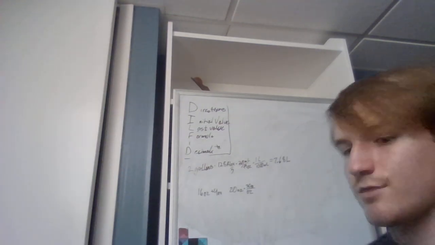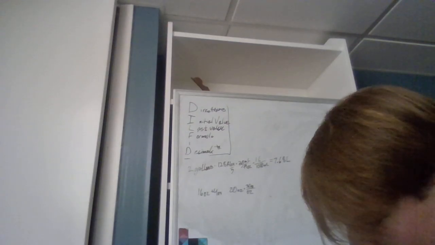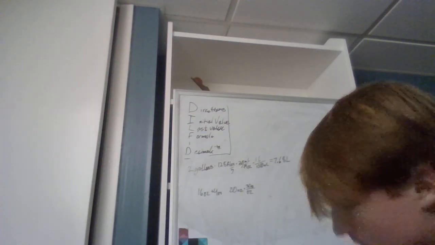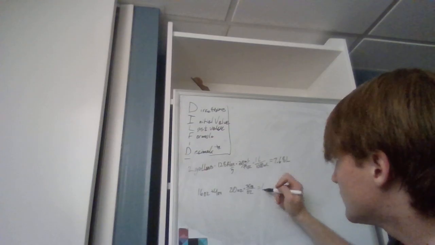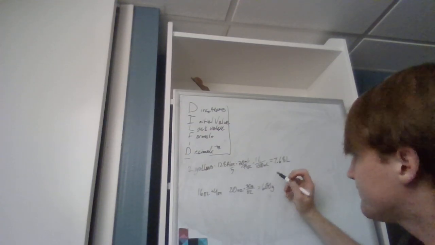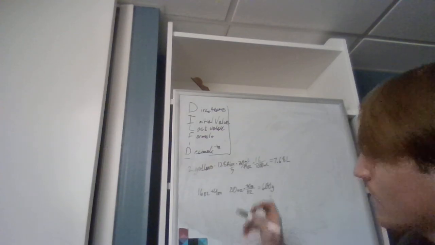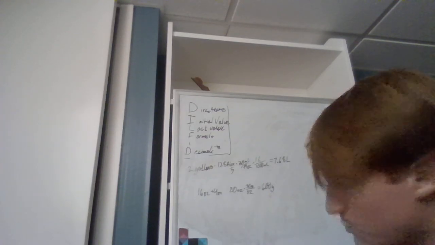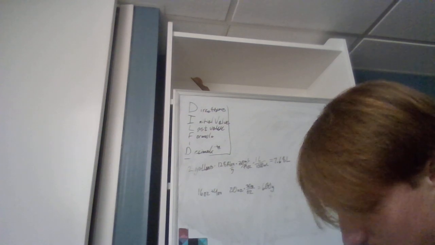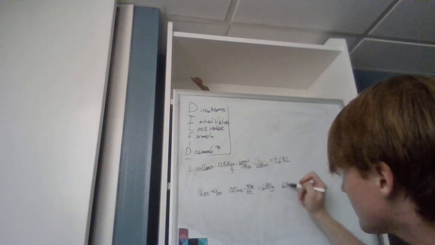So 20 times 30, can't do math, 600. Yeah, 600 grams. And again, to use our milliosmol equations, we need that 600 to be in milligrams, so you multiply by 1,000 and get 600,000.